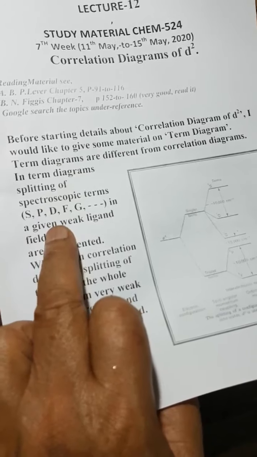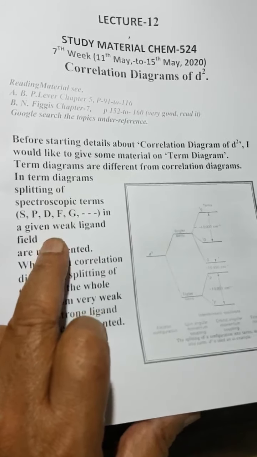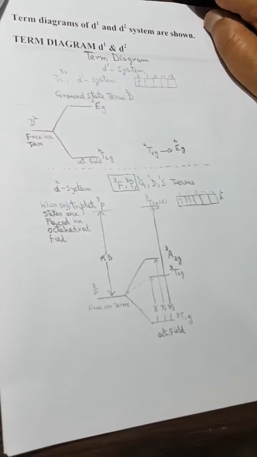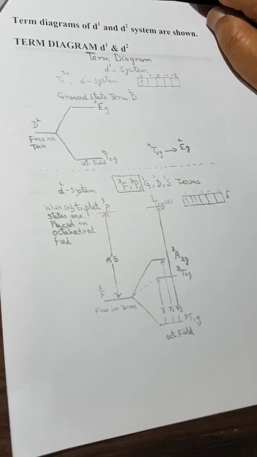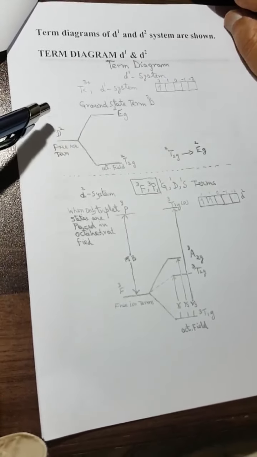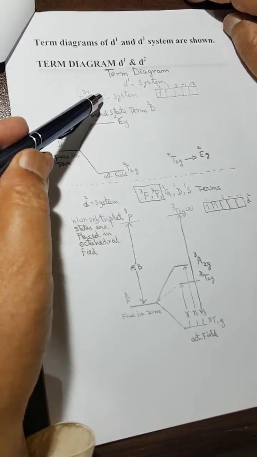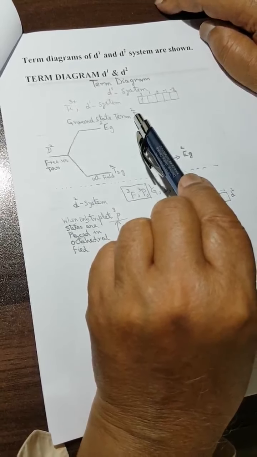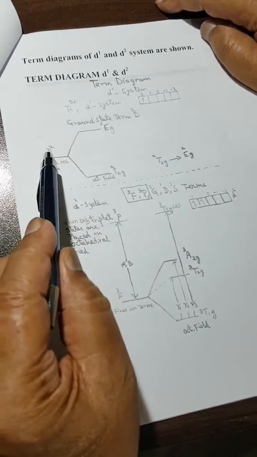In a weak field, these S, P, D, F terms also split up. In this diagram, I'm showing you the term diagram of D1. The ground state, D2, you can derive conveniently yourself.